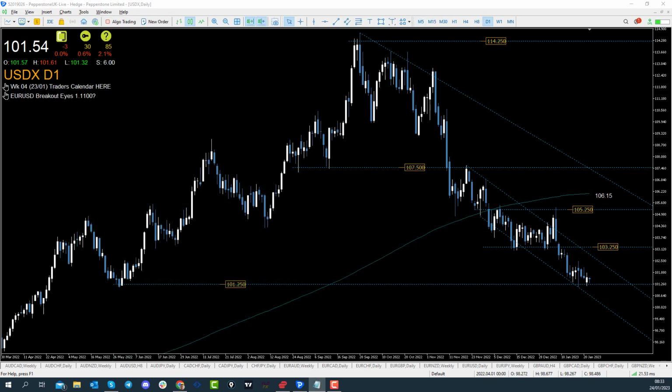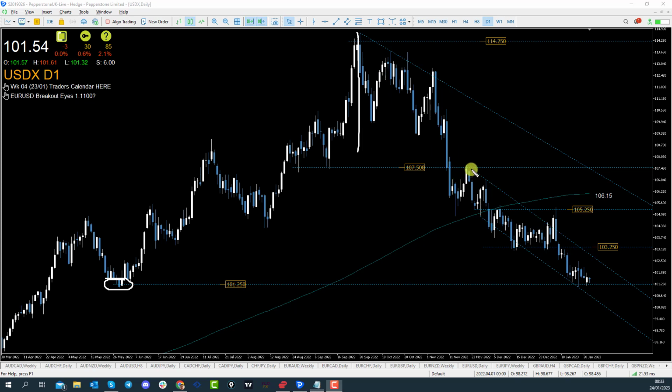I'm actually going to start off here with the US dollar index, and you can see that the market has come down into a crucial area of support, which was the 101.25. The price has been in a bearish move ever since towards the end of last year. We've seen the price deteriorate for the US dollar index, and that is seen across the charts on the major currency pairs as the dollar moving to the downside.